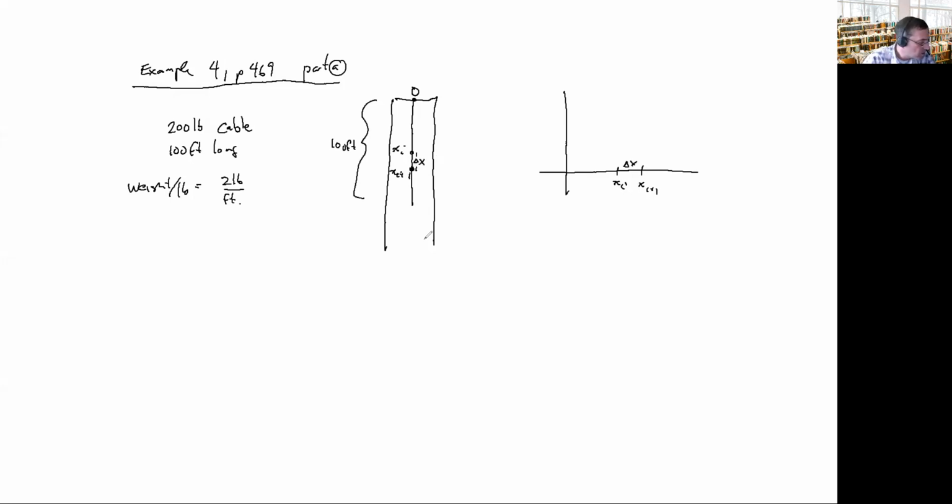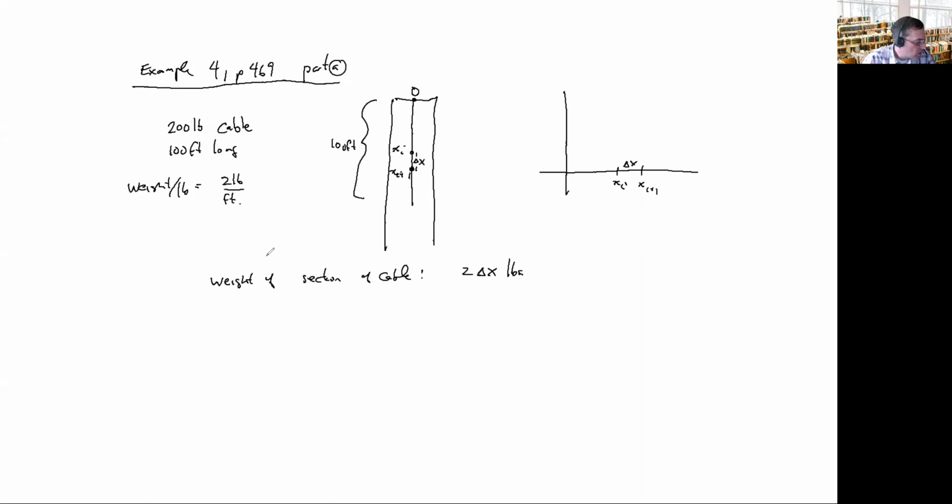First of all, what is the weight of the relevant section of cable? It's given by 2 pounds per foot, and if it's delta x feet, it's going to be 2 delta x. That's the weight of that little section of cable, in pounds, of course.